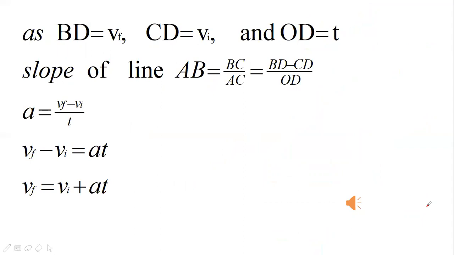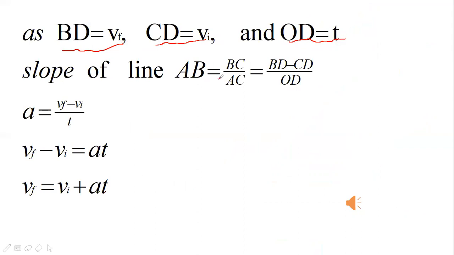BD is equal to VF. I already labeled it in the diagram, so here I have mentioned it for you. CD is equal to VI and OD is equal to AC, which is equal to time.